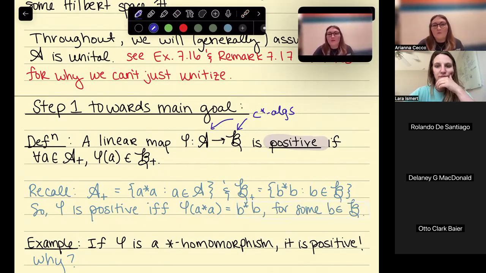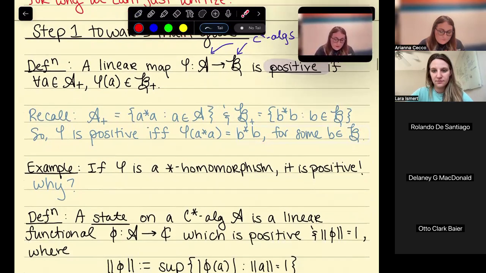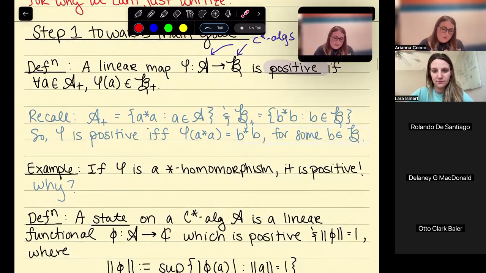Phi is positive if and only if phi of A star A can be written as B star B for some B in B. Some examples: if phi is a star homomorphism, it is automatically positive. Can you guys just quickly tell me why that is?